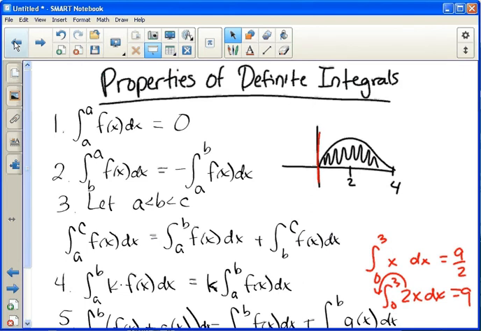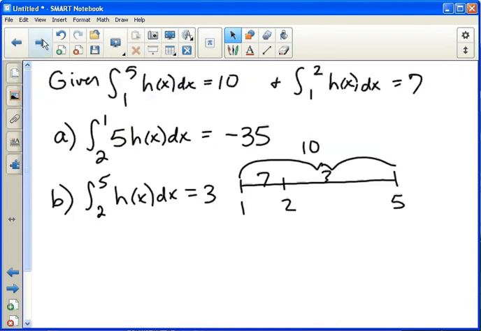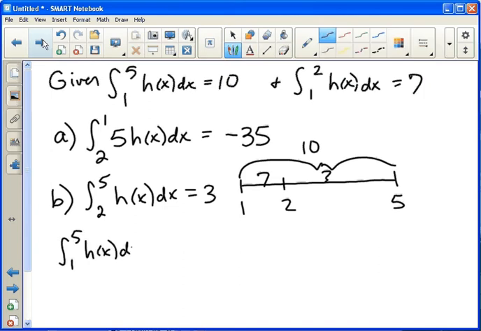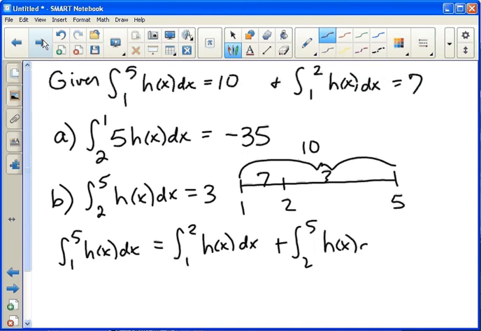The integral from 1 to 5 of h of x dx is the same as the integral from 1 to 2 of h of x dx plus the integral from 2 to 5 of h of x dx. The integral from 1 to 5 is 10. That's the given. 1 to 2 is 7. And then we're trying to solve for this last one, h of x dx from 2 to 5. So all you do is subtract the 7 over, and that's how we get 3. So that is our final answer for that question.